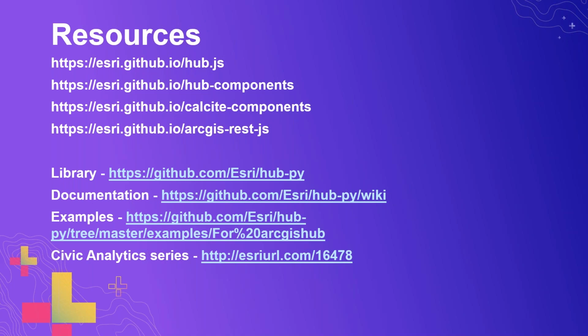The original first version we shipped in was 10.6.1 as a capability that your administrator could turn on. And then I think at 10.7, sites and pages were just available to all your users. So at 10.7 and up, you get sites and pages in Enterprise, and Hub Basic is available to everybody in Online. And you would know if you're a premium org that you've got ArcGIS Hub Premium.